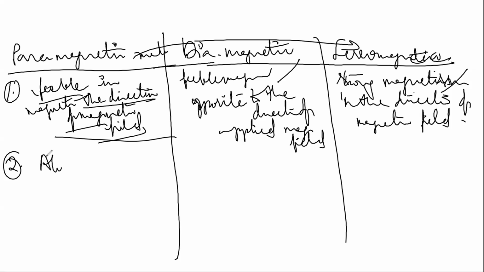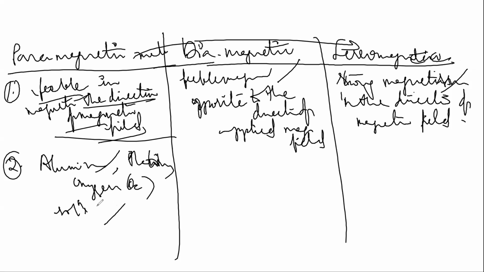Now let me give you examples. You know aluminium, also platinum, also oxygen. Oxygen is also paramagnetic. And also some solutions of iron. Solutions of iron also come under paramagnetic materials. Examples: aluminium, platinum, oxygen, and solutions of iron.